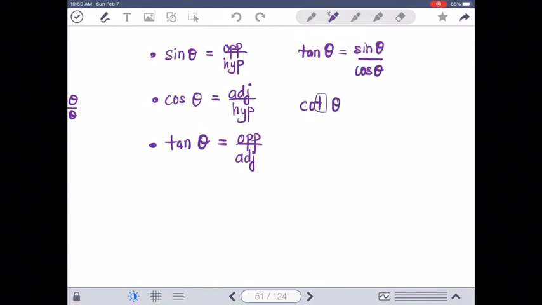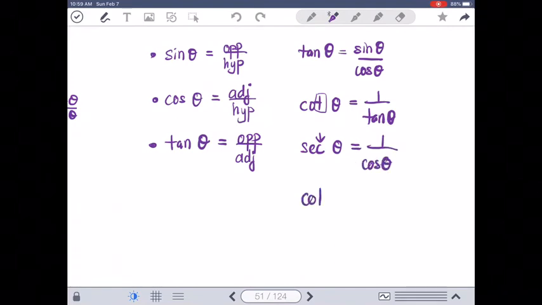Cot theta, the letter is t, therefore this is just equals to 1 over tan theta. Sec theta, the letter is c, so 1 over cos theta.